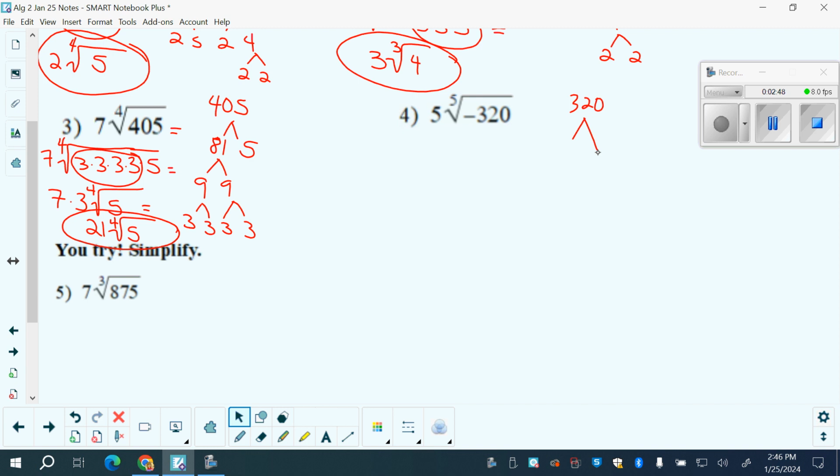Okay, so 320, what's the number that goes in 320? We're going to look at the negative later. We'll do that in a moment. It ends in 0, right? So 10 and 32. And then 5 and 2 and 10. And then 32 would be 4 times 8. How many 2's do we have? 1, 2, 3, 4, 5, 6.